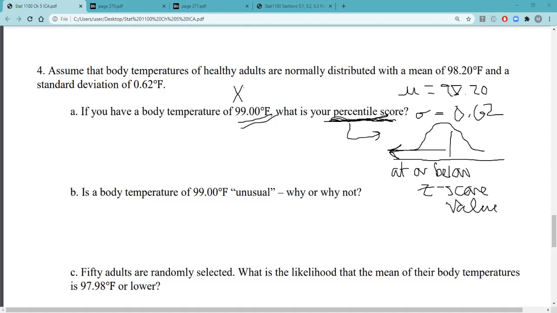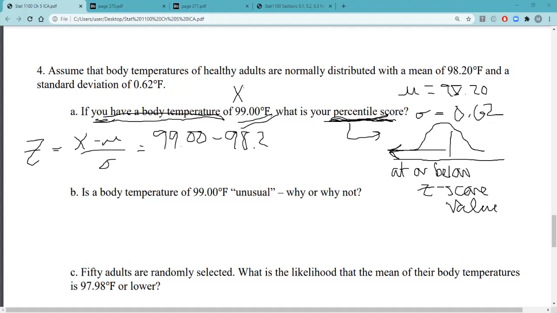So I need to first determine what that z-score is. I know I'm only talking about one body temperature in one person, so I'm going to use the general formula. z is equal to x minus mu over sigma. I have x is equal to 99, mu is 98.2, and sigma is 0.62.